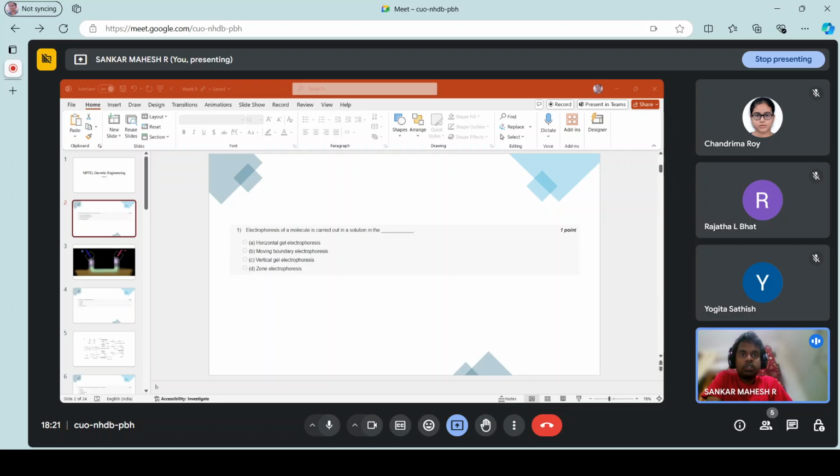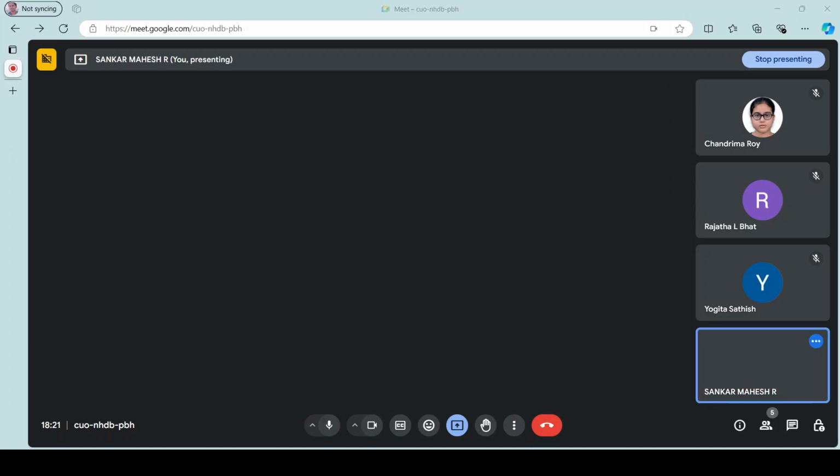So this is a particular setup where instead of having a solidified media, you would have your solution, your buffer, and your solution here. And these are connected and an electric current goes from one electrode to another electrode. Now what do you have to maintain here? When you supply current in a solution, the solution itself gets heated up, meaning there are effects of convection which would move the molecules.